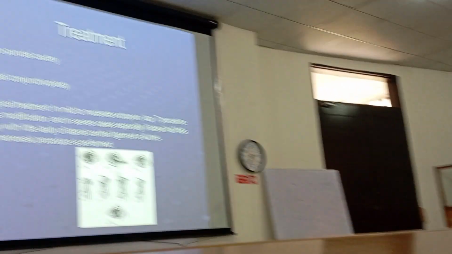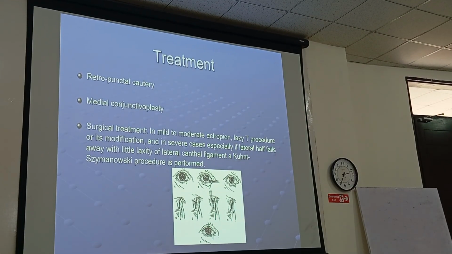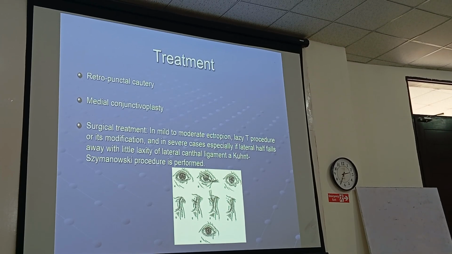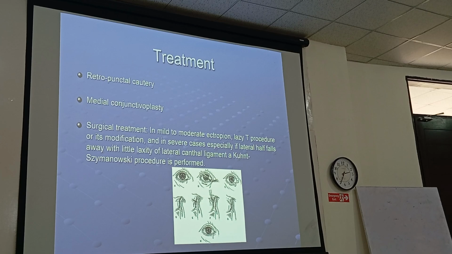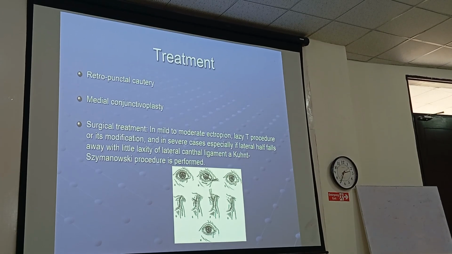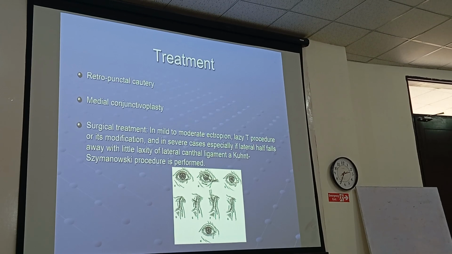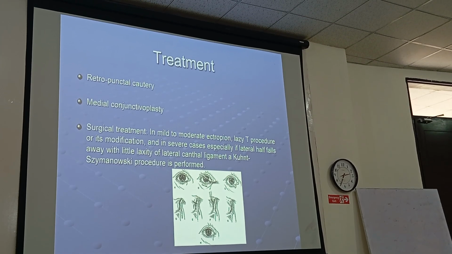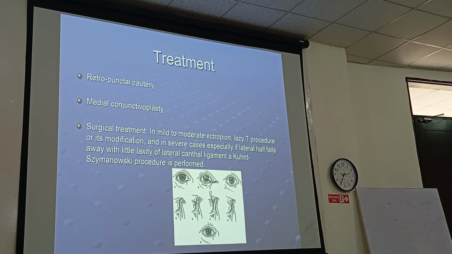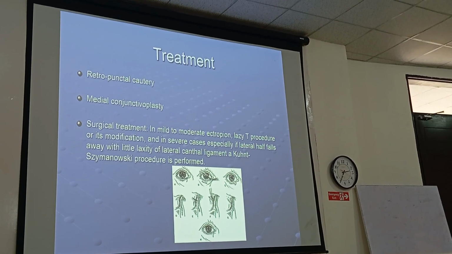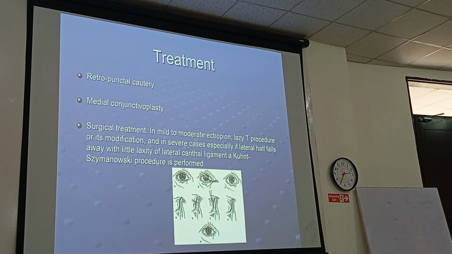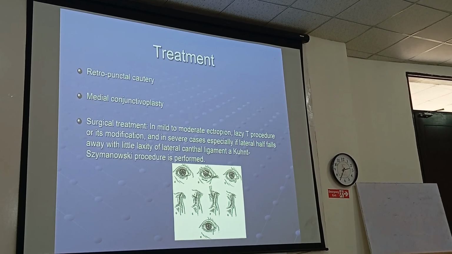दूसरा है मीडियल कंजक्टिवोप्लास्टी. इसमें we cut a part of the conjunctiva, a diamond shaped part of the conjunctiva 4 to 8 millimeter from the medial side, और बाद में उसको स्टिच कर देते हैं. इसकी भी पीछे थ्योरी वही है कि आप जब कंजक्टिवा शॉर्टिंग करेंगे, मीडियल साइड में इसलिए करते हैं कि पंक्टम की पोजीशन ठीक आए.